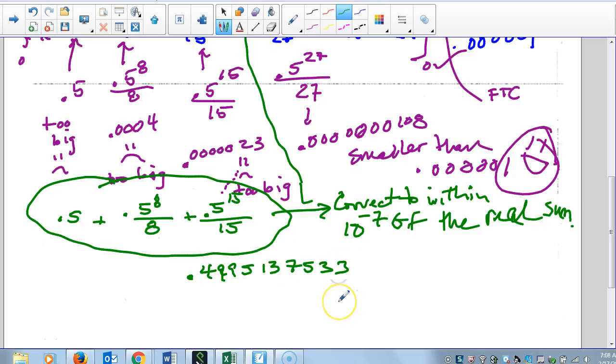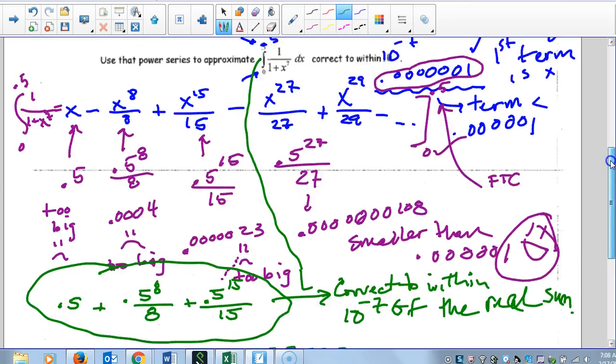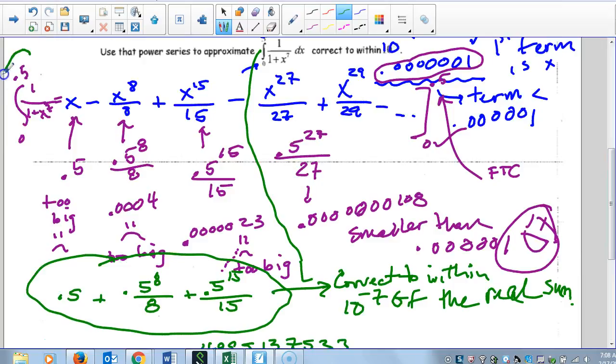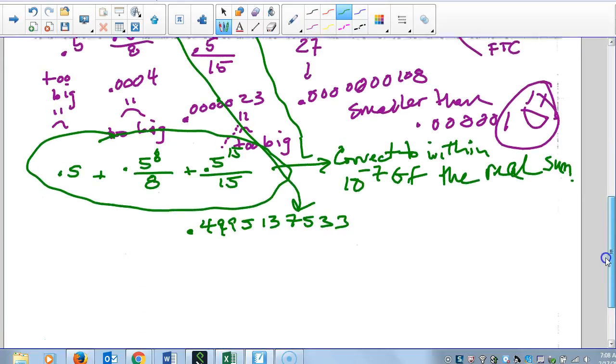So that is the sum. If I integrate this, so I'm integrating this, and I need it to be correct, that, I went right off my screen, is the sum. Do you like all these arrows randomly?